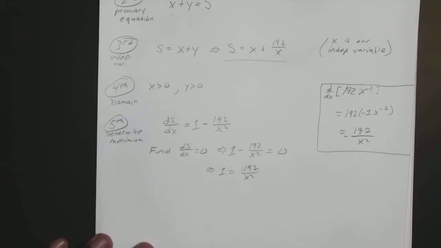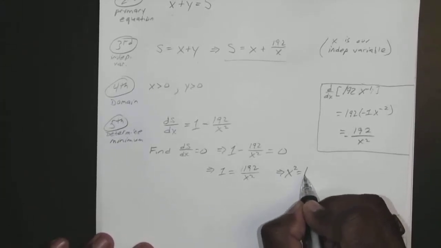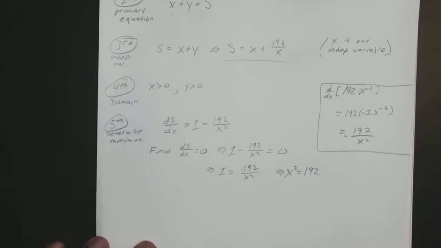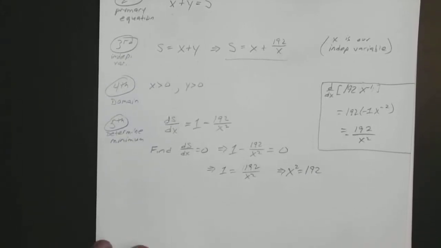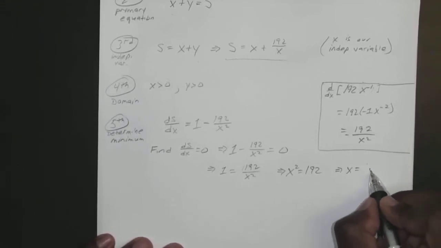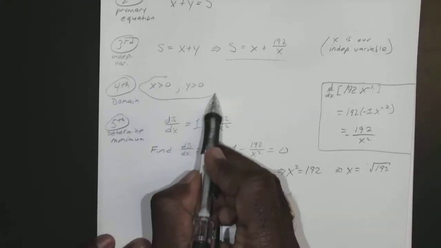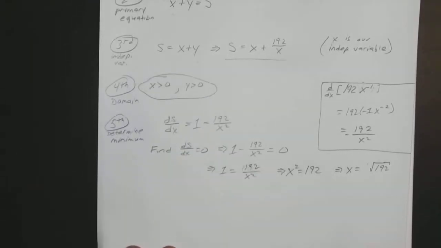Multiply both sides by x squared. So x squared equals 192. Square root both sides. x equals plus or minus square root of 192. But we know from our domain that x has to be positive, so we don't really need the minus.